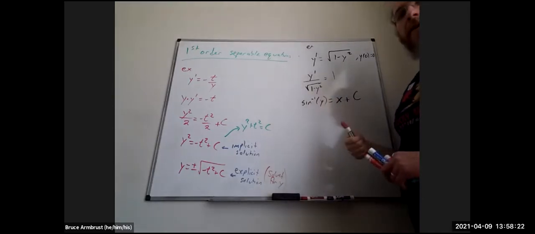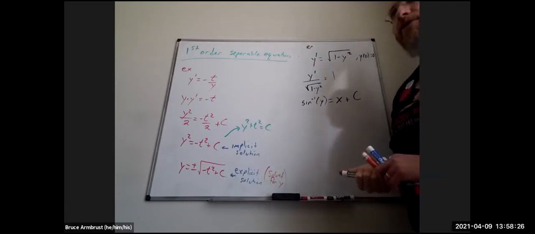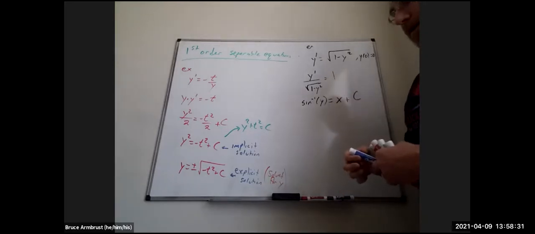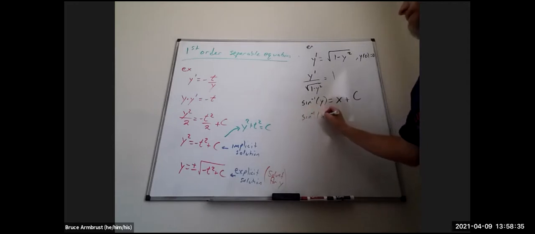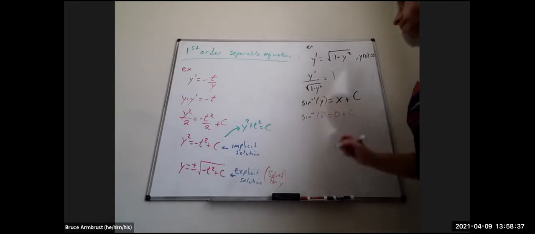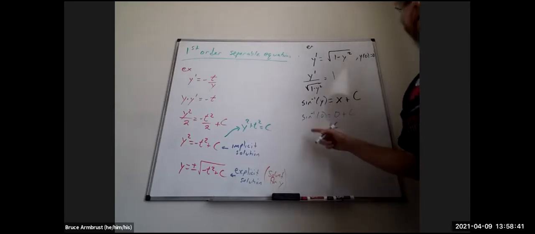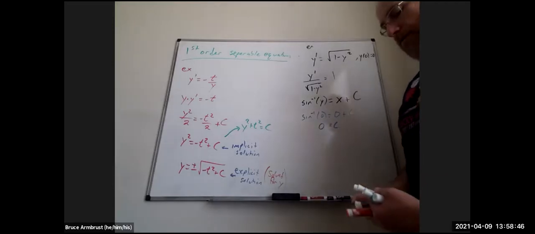All right, so here's our explicit or implicit form. And let's just go ahead and use the implicit form to help us find C. So we'll plug in our initial conditions. So we've got the inverse sine of 0 equals 0 plus C. Inverse sine of 0 is 0.